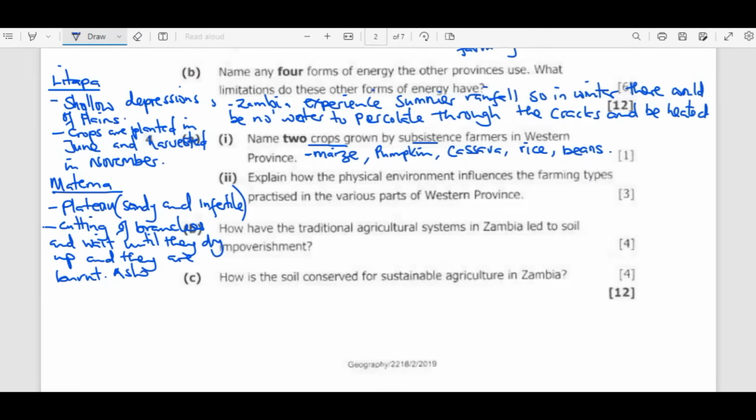Ashes are used to improve soil. So that is what is done.